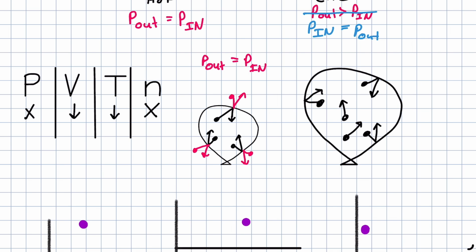And so now there are more collisions. I'm going to add a couple more here, because since we're taking up more space, there's more of that air surrounding it, because I have more particles in here.